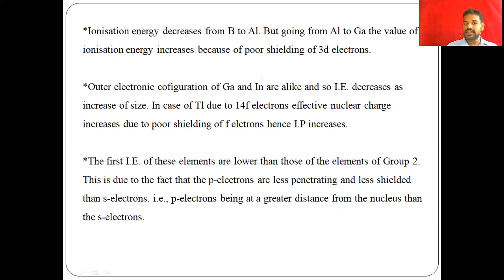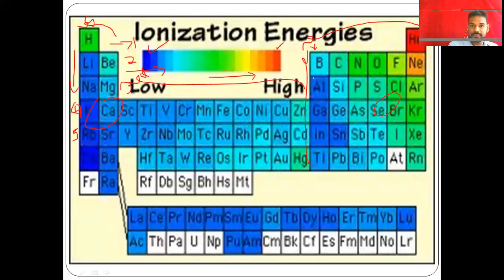This is because of poor shielding effect. Down the group, normally the ionization energy must decrease. But here there is the poor shielding effect of d electrons. What is the d electron? After aluminum, next we have gallium, and before that we have the 3d orbital.